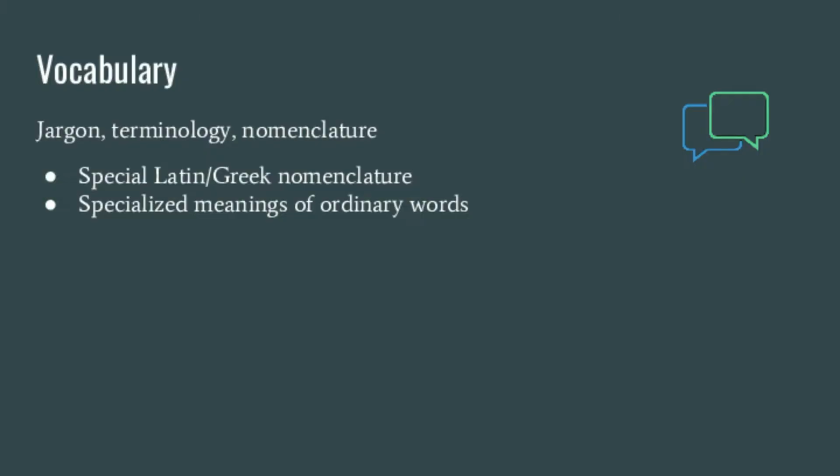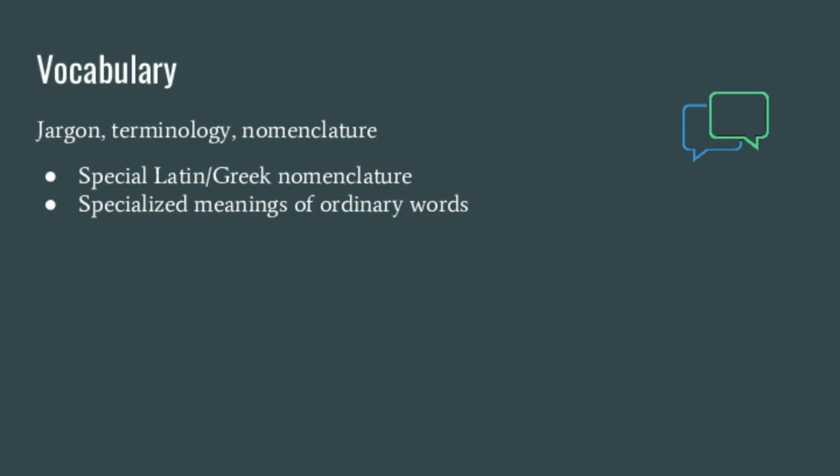Or more often when we talk about the terminology or jargon of a particular academic field, we sometimes use the more technical term nomenclature. So that of course consists of a lot of special Greek and Latin words that you wouldn't use in normal everyday life. Some very multi-syllable, unusual words that are really unique to a particular field or a couple of fields.